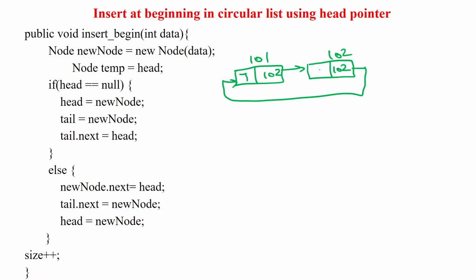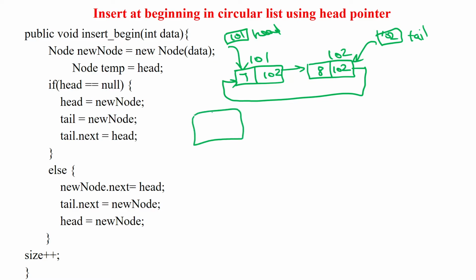Here it may be 7, here it may be 8. Now I am going to insert the value by using the head pointer. Head has 101, tail has 102, right? Now if I use the head pointer to insert, I can use 500 as the new node, right?